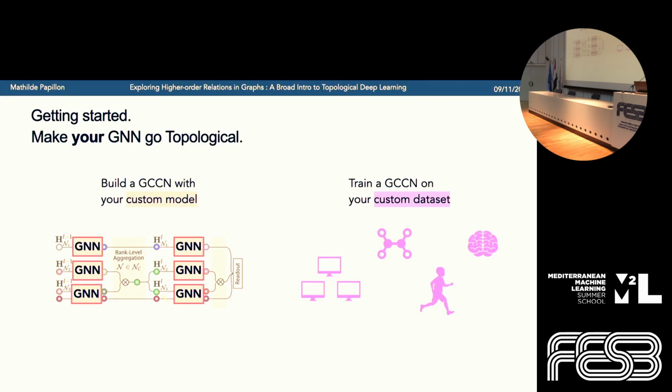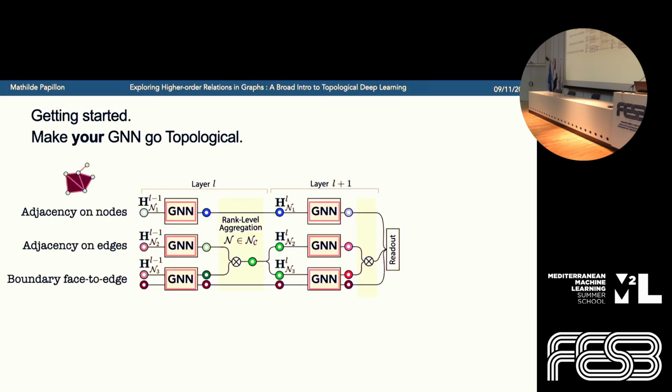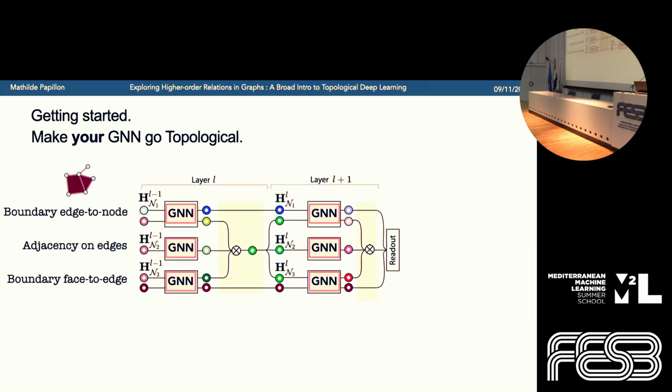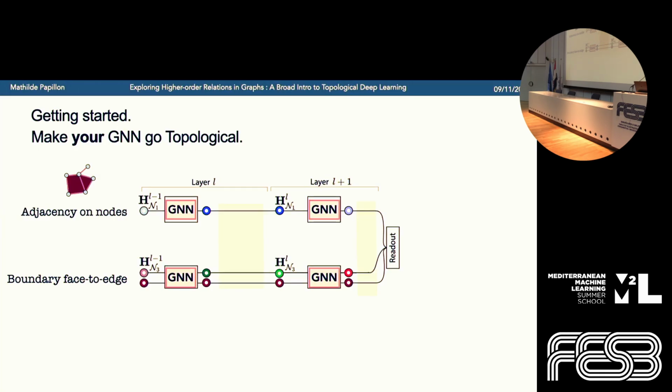Similarly, if there's a data set that you have in mind, it's very possible to introduce a new data set and take advantage of all the lifting algorithms and the models that have already been implemented. So this can look like trying different domains, trying different neighborhoods, maybe trying fewer neighborhoods, seeing if you can get away with less computational cost.